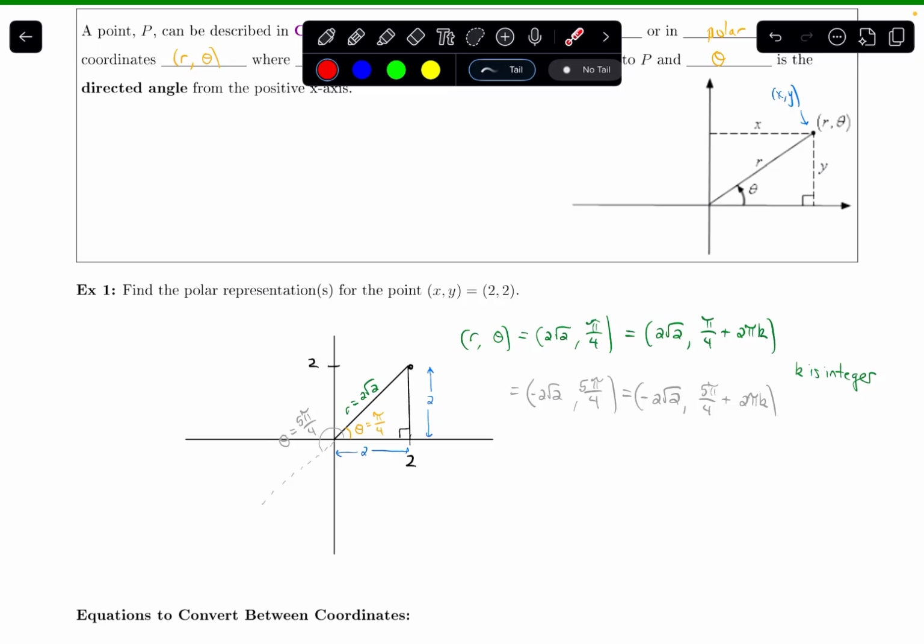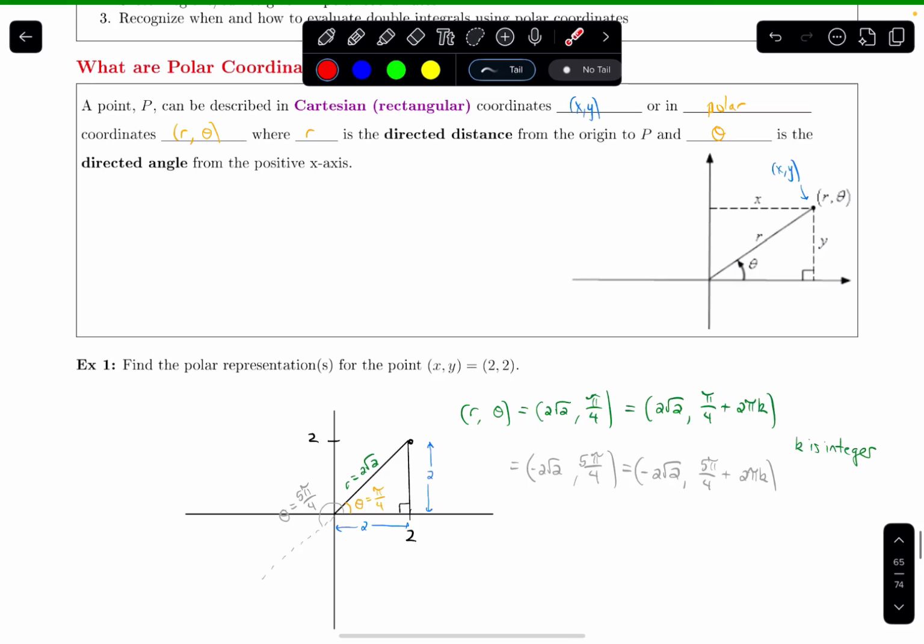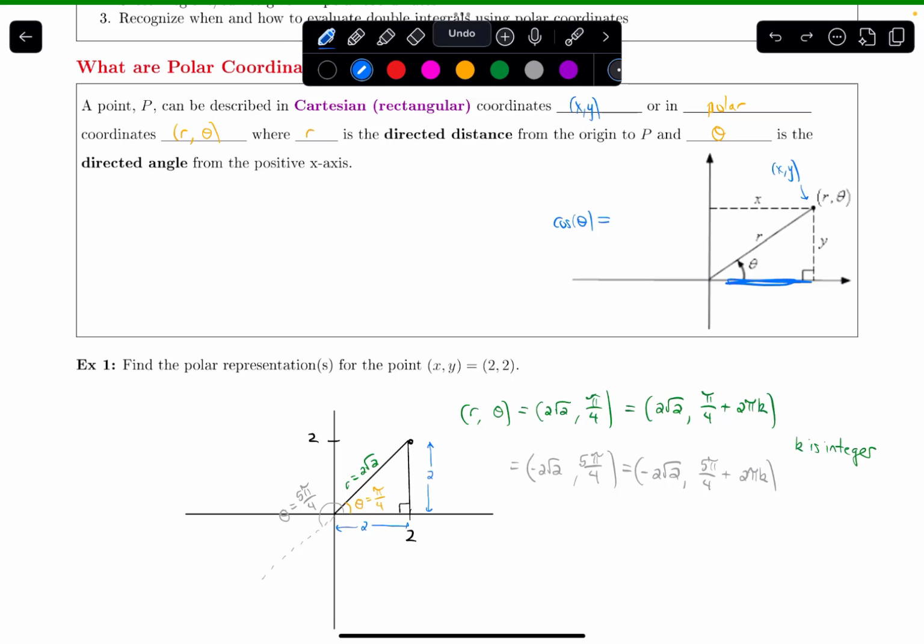All right, so what I want to end by talking about are some equations that I can use to convert between polar and Cartesian. So if I go to my picture and I use some trig in the picture, I see that cosine of theta would be adjacent over hypotenuse. So that's going to be x over r.